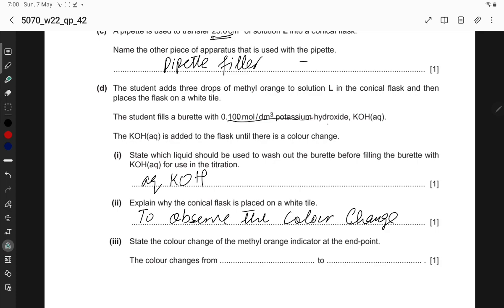State the color change of the methyl orange indicator at the end point. The color changes from red to orange.